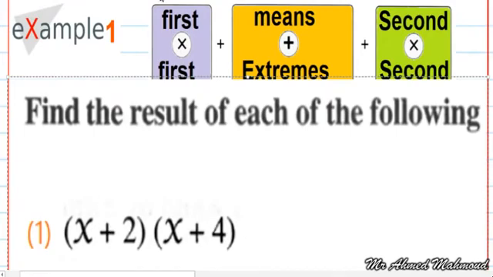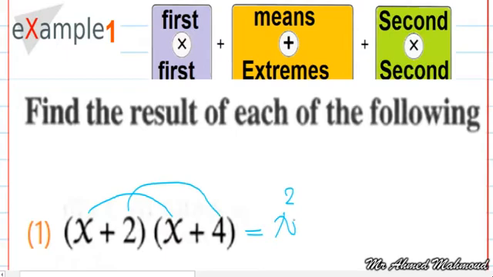We are going to multiply first by first, x times x, it's equal x to the power of 2, and then second by second equal positive 8.